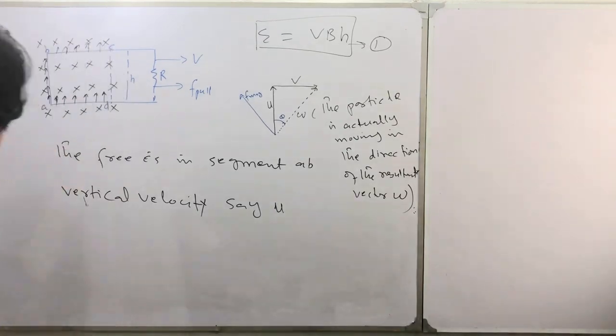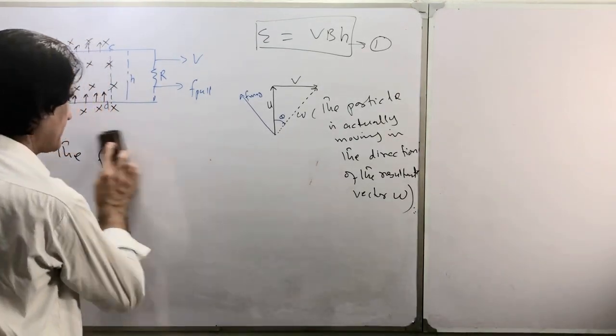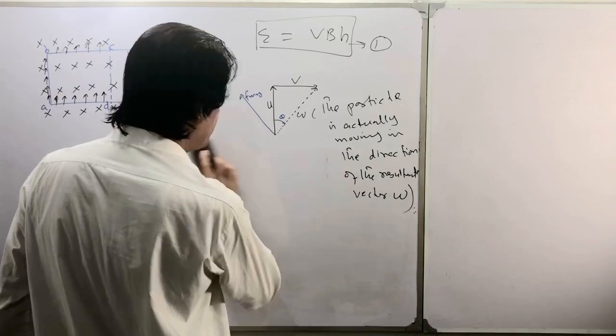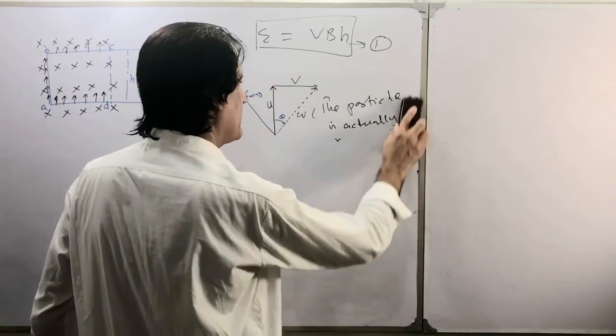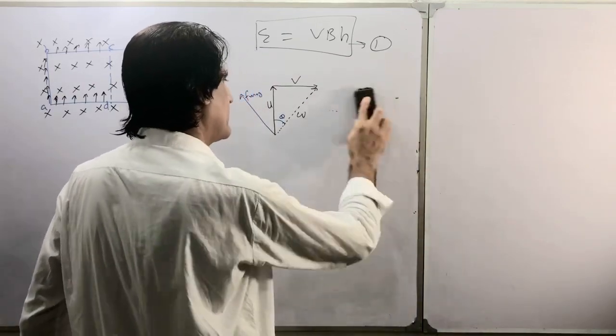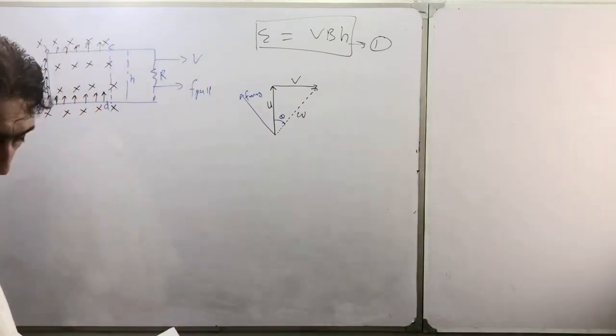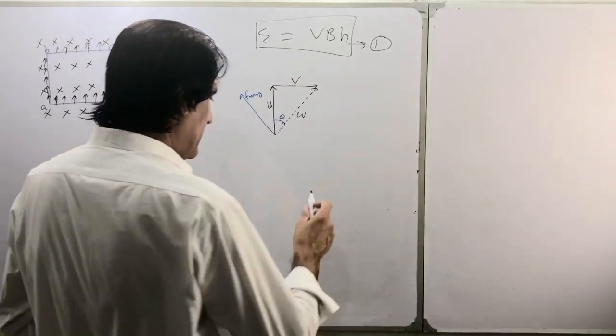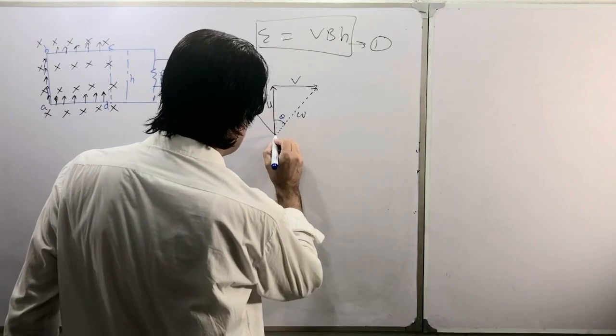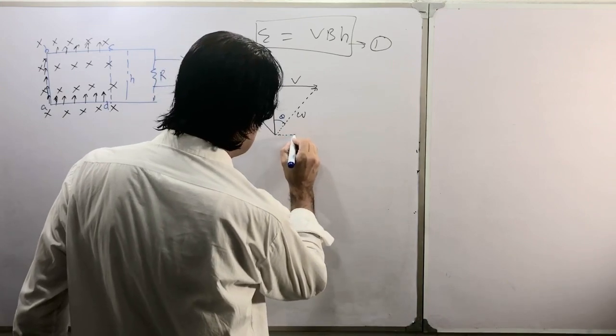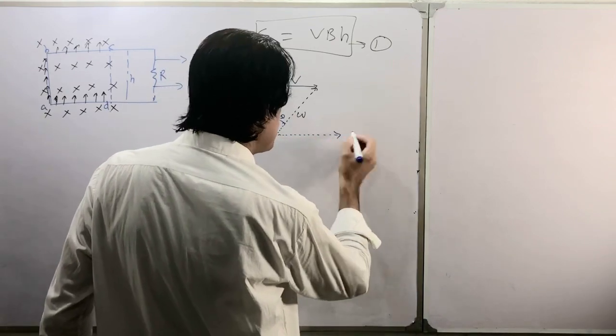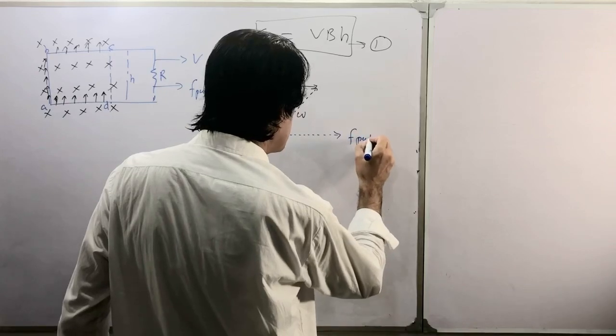We can also represent, if I remove this, okay. So here, this is the pull. This is the F pull.